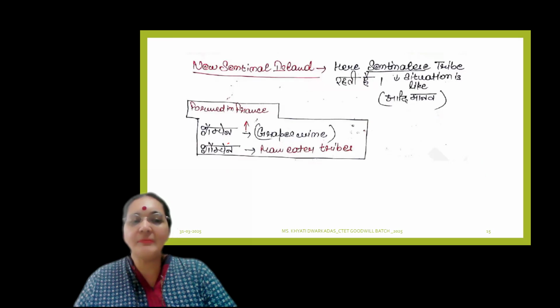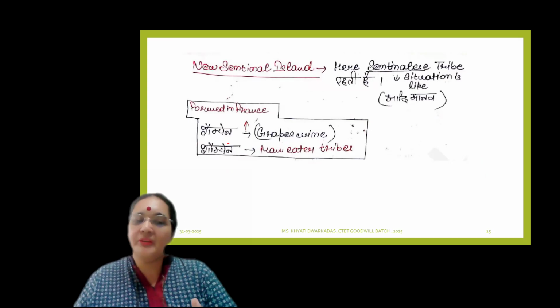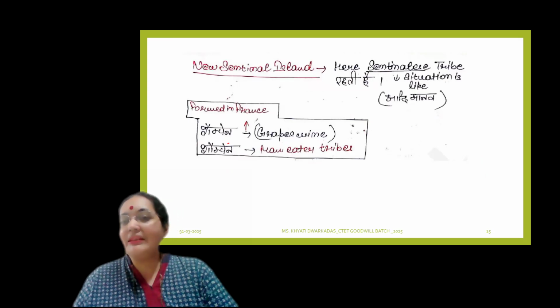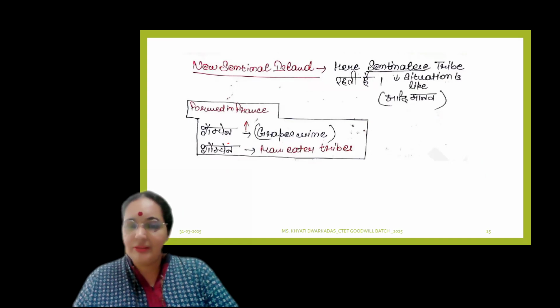Then we have Sentinel Island, where the Sentinelese tribe lives. They are a pre-human race, very, very ancient. That's why we call them the Adi Manav. There are some very, very famous tribes here.